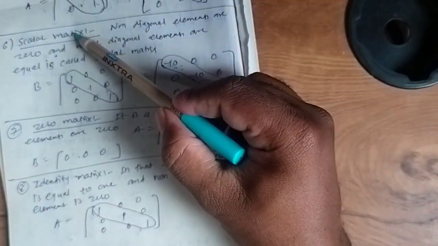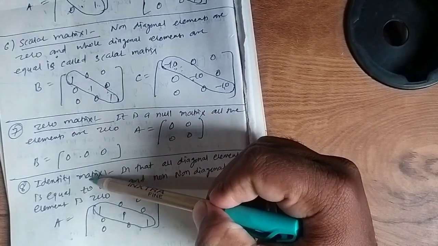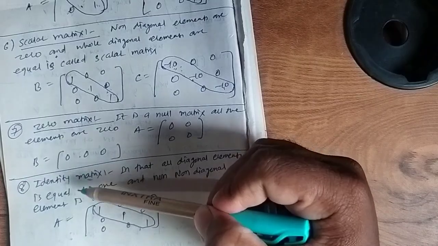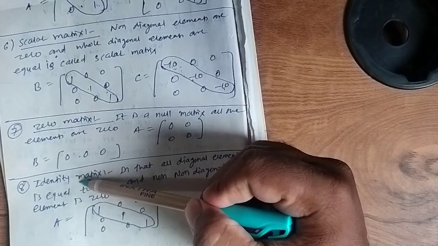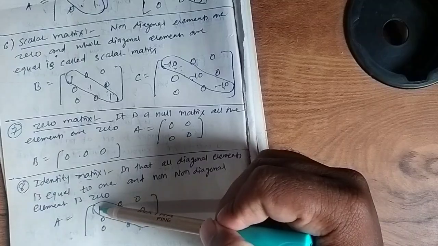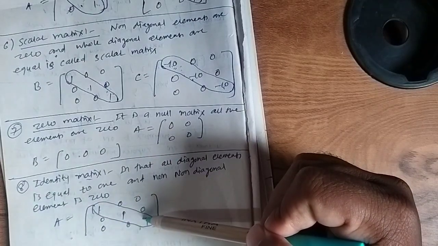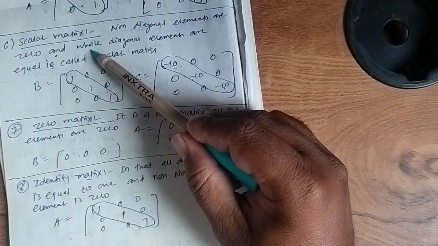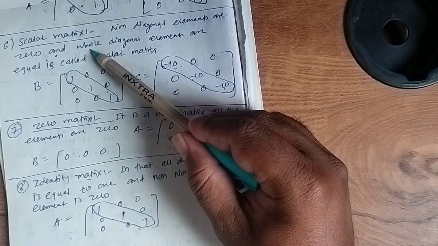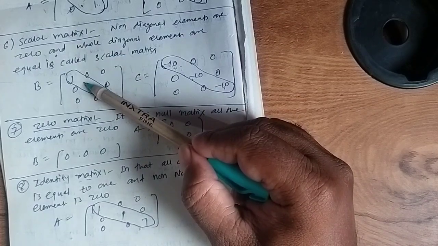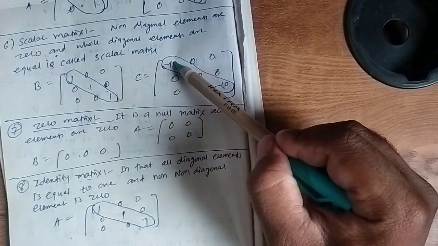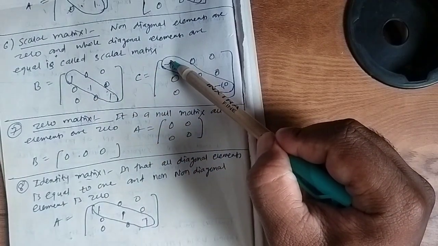See the difference between scalar matrix, zero matrix and identity matrix. In an identity matrix, the diagonal element must be 1. In a scalar matrix, the diagonal element may be 1 or it may be different.